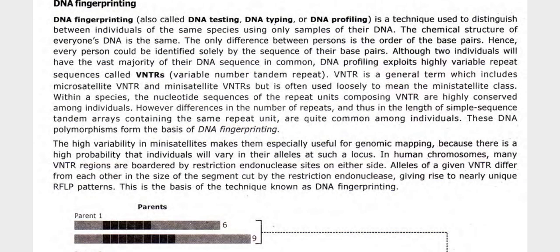Within a species, the nucleotide sequence of the repeat units composing VNTR are highly conserved among individuals. However, differences in the number of repeats and thus in the length of the tandem arrays containing the same repeat unit are quite common among individuals. These DNA polymorphisms form the basis of DNA fingerprinting. Just never forget the VNTR, variable number tandem repeat. It's a sort of mini satellite.